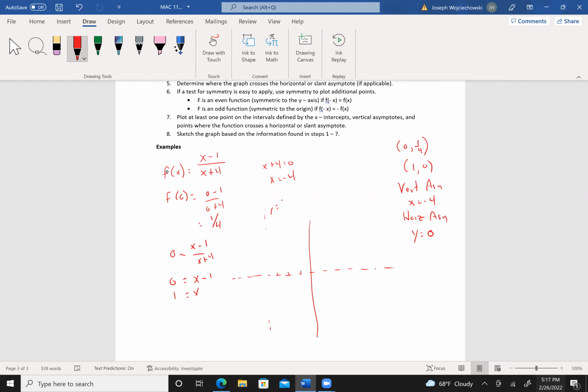Actually, let's make an adjustment here since I'm over on the negative side. 1, 2, 3, 4, -4. x equals -4. Okay, I have an asymptote y equals 0. I have the point (1, 0). So you see I'm crossing that asymptote already.